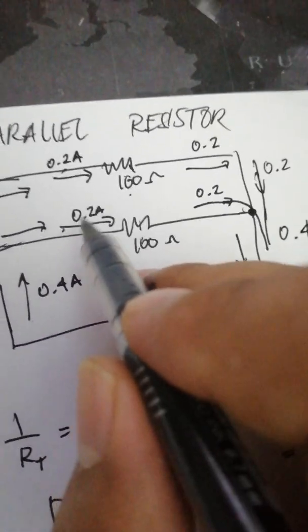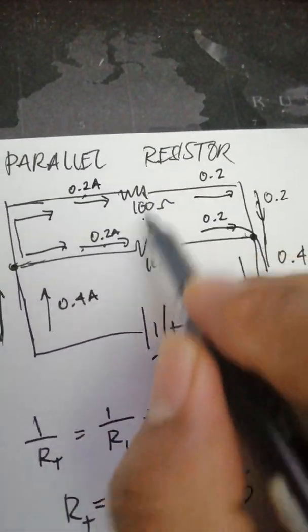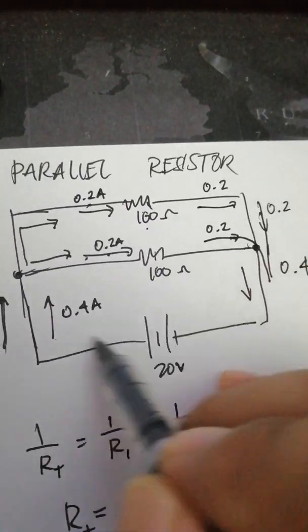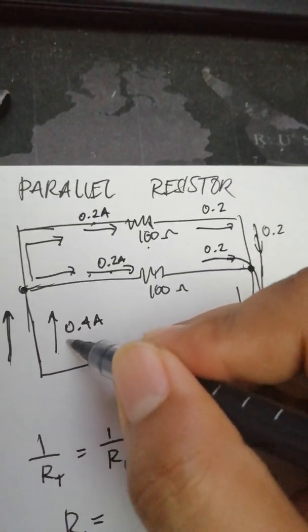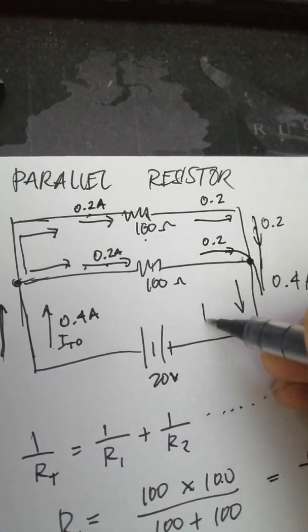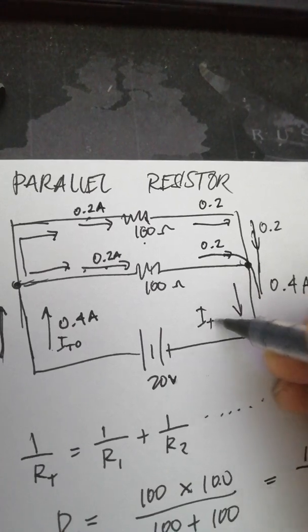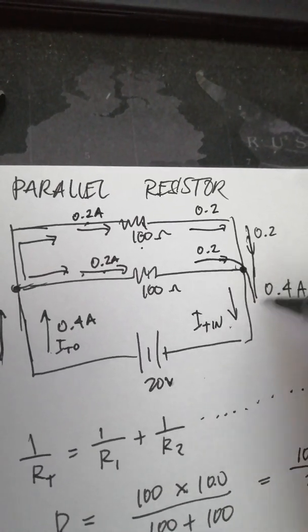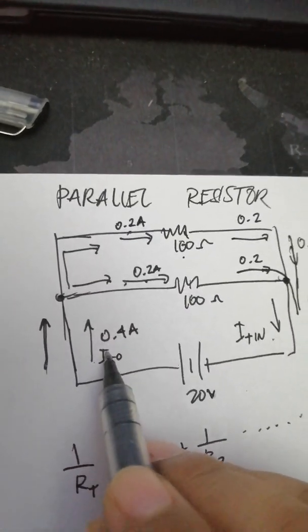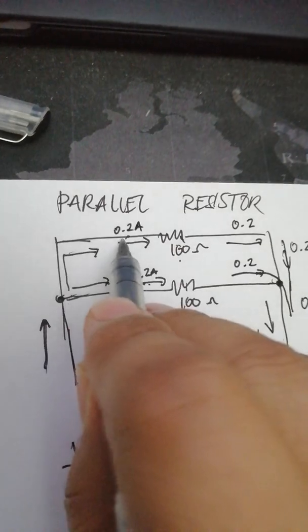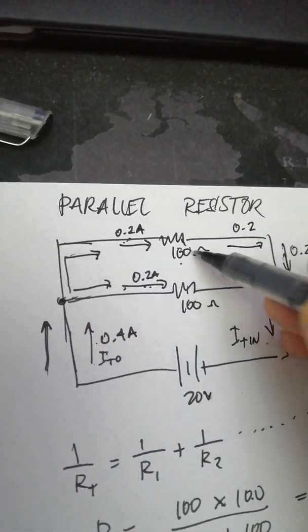The same here. We are just showing here two resistors in parallel, but basically the total current going out will still be equal to the I total that is going in, or I mean going back. So 0.4 divided by 2 will be 0.2, 0.2, because they are the same resistance.